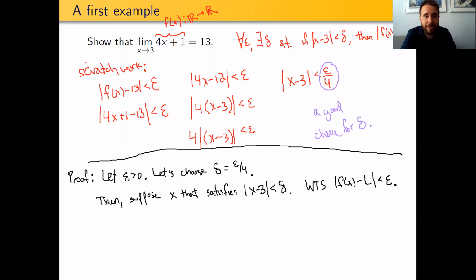So we are assuming that absolute value of x minus 3 is less than delta. That means that x minus 3 is less than epsilon over 4.